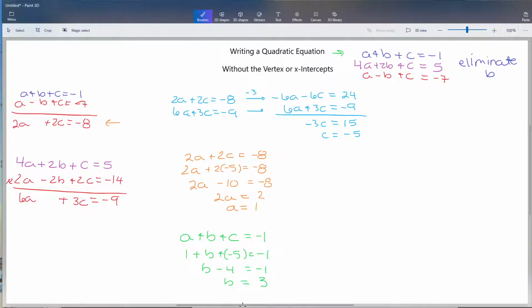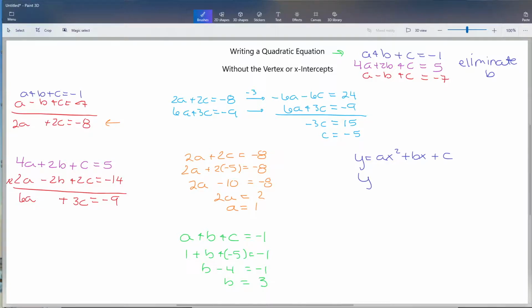Okay? Now, it's easy when you're doing all of this work to lose sight of what the goal was here, okay? So remember, the goal was to write a quadratic equation in standard form, right? Our ax squared plus bx plus c form, okay?